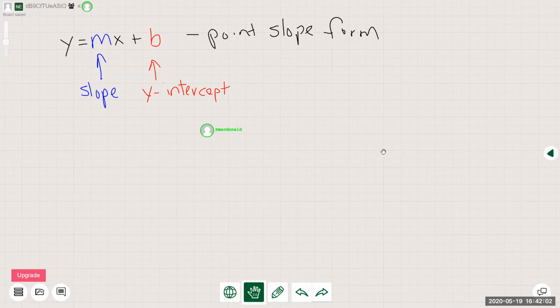So let's go ahead and take a look at a particular problem or an equation in this format, and then we can just identify from there our points, or our slope and our y-intercept.